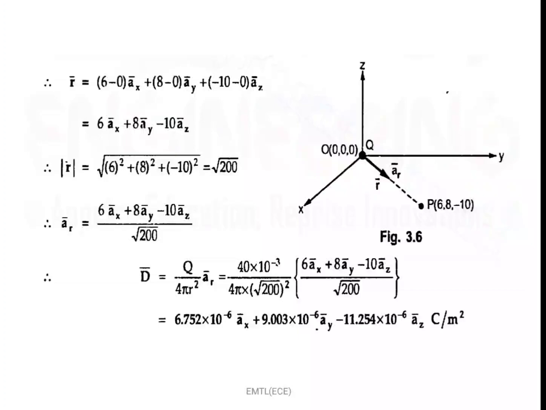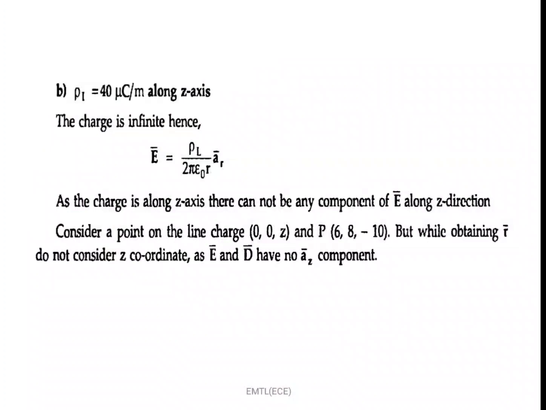Now the second problem. Here the given rho L, that is the line charge density along the z axis, is 40 microcoulomb per meter. Now the electric field intensity for a line charge is E bar equal to rho L by 2 pi epsilon naught r AR bar.